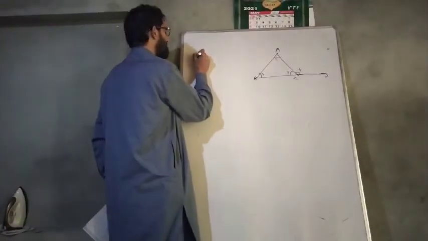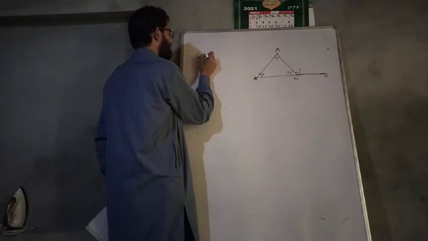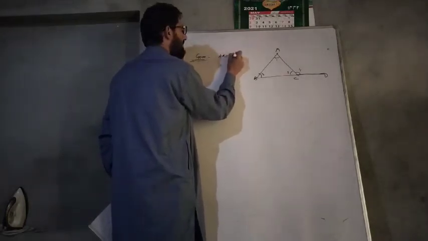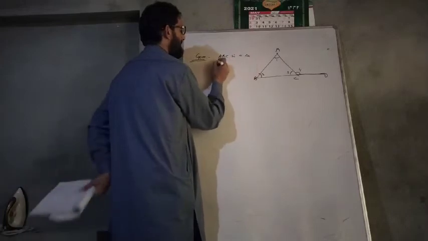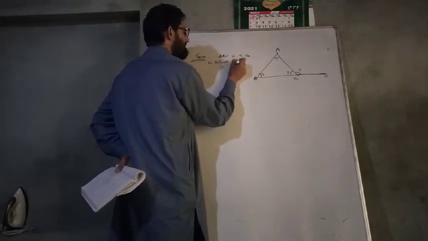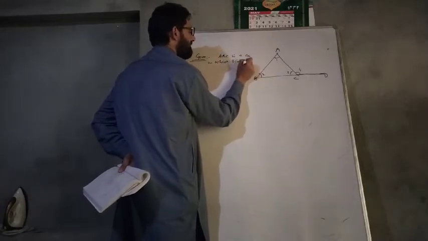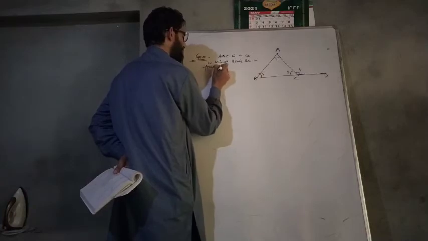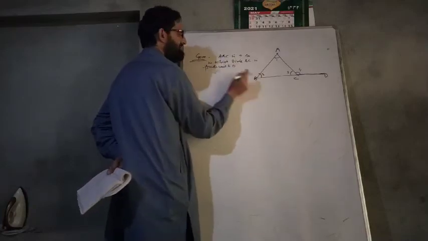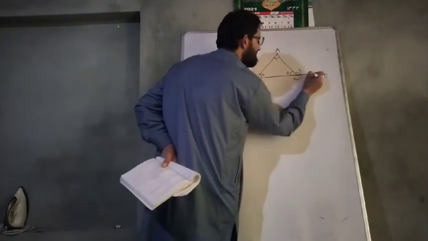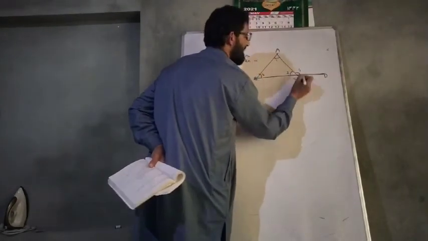Now, given is ABC, a triangle in which side BC is produced to D. When we produce this side to D, obviously an external angle is formed.